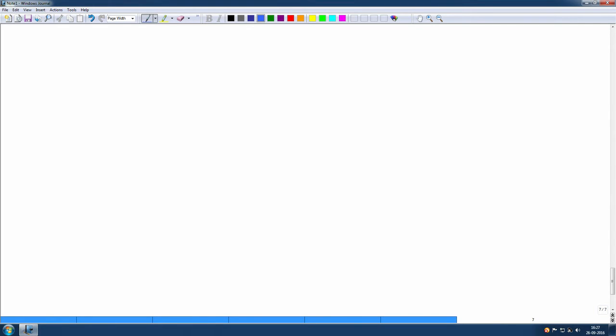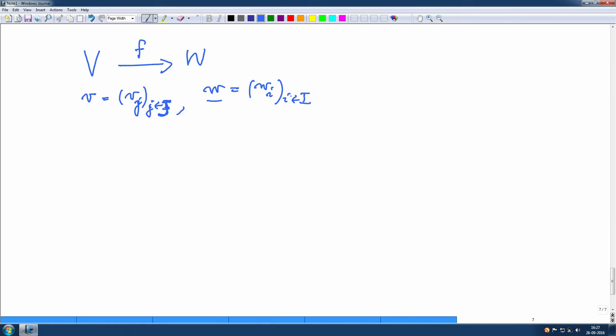So, if you have F from V to W, where V has basis Vj, j in J, and W has basis Wi, i in I, and then we have this map F. On the other hand, we will get a matrix of F with respect to these bases.